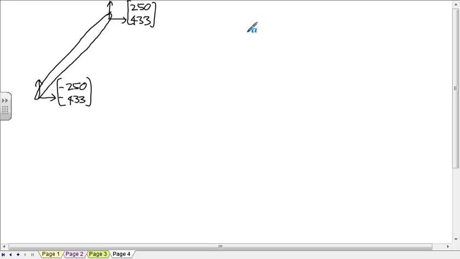And then on the other member, we have the force, so 2B should be, oh yeah, that would be 2C. 2C is negative 250, 433.